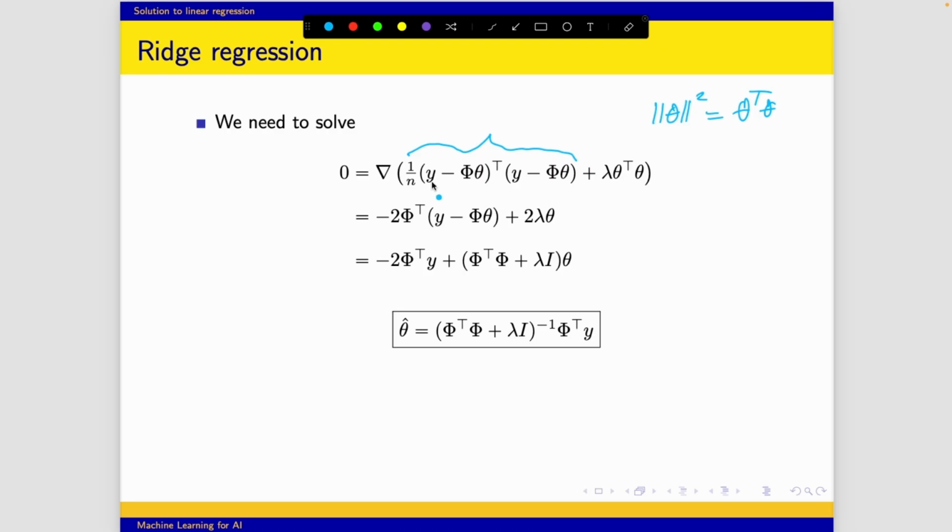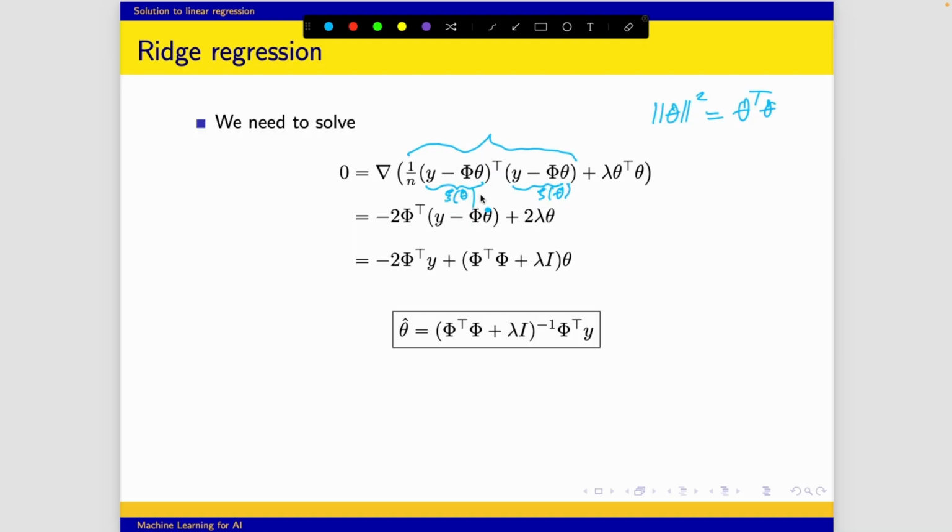I'm just leaving out the subscript theta because it's obvious what we're taking the gradient with respect to. And we can use the chain rule. Last time I expanded all of this out, but we can do it in a simpler way. Let's treat this as some function, let's call it psi of theta. So what we've got is the gradient of psi transpose psi.